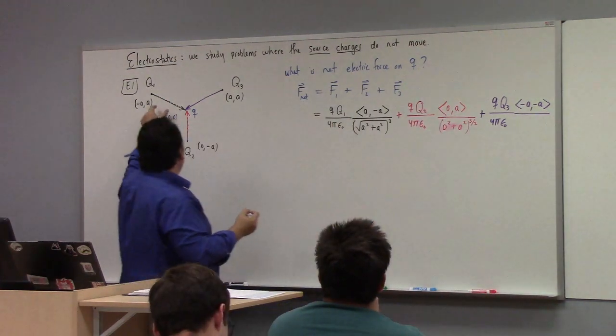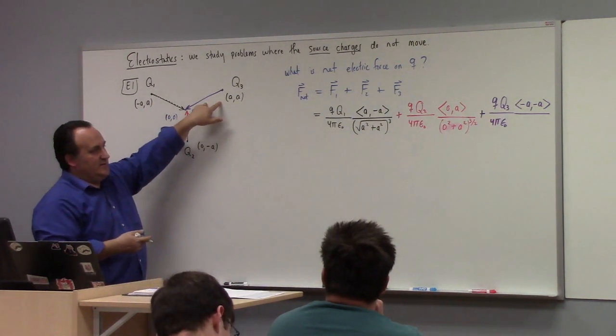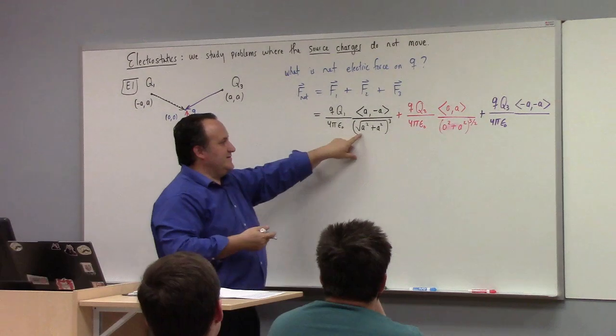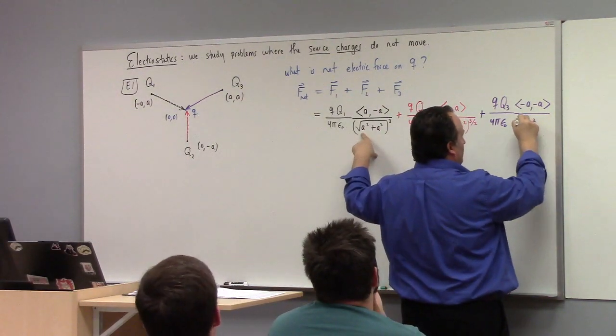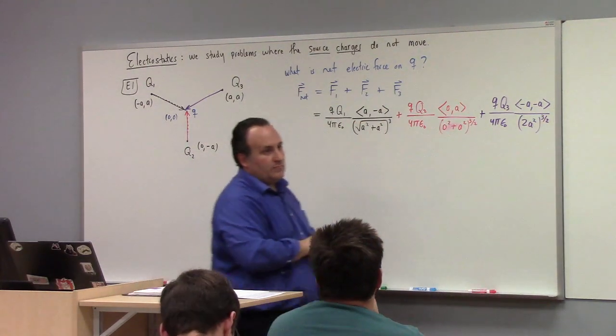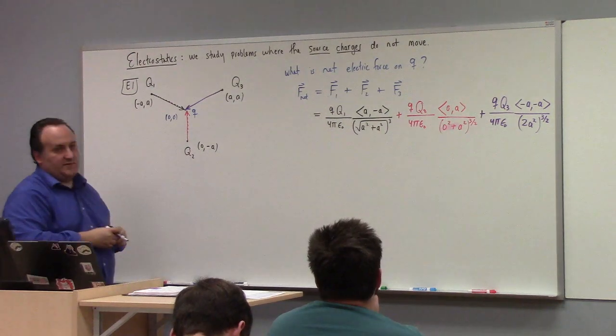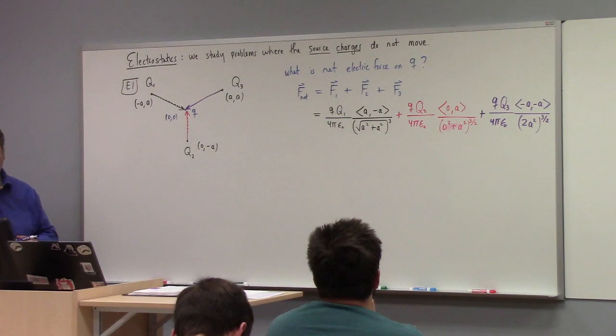The distance of the black line and the purple line is the same, right? And so let me just put myself out of my misery and just say it's 2a squared, right? It's 2a squared to the 3/2 power. Yeah? Okay, and that would be the net force on the charge Q at the origin from these 3 charges.